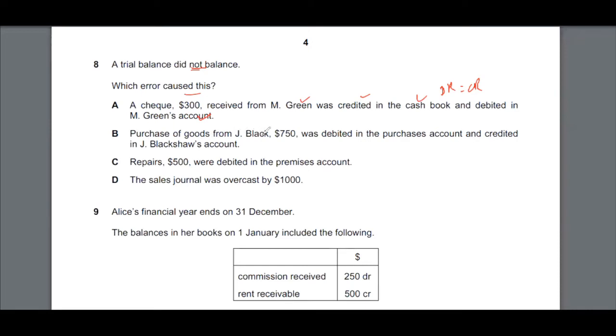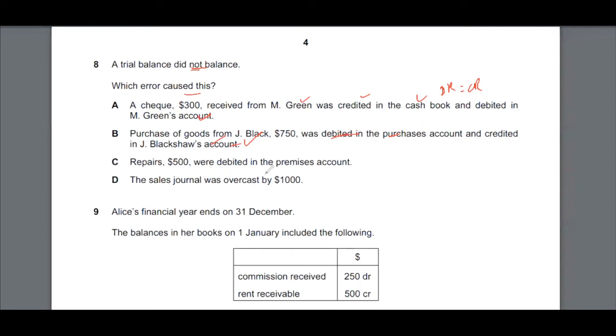It will still balance. Debit is always equal to credit in this case. Purchase of goods from J Black, 750, was debited in the purchases account and credited in J Blackshaw's account. This is actually a correct entry because goods were purchased, so debit purchases and then credit the accounts payable account for that supplier.